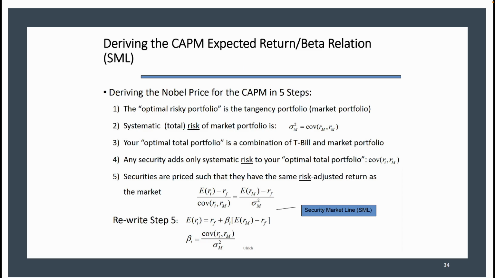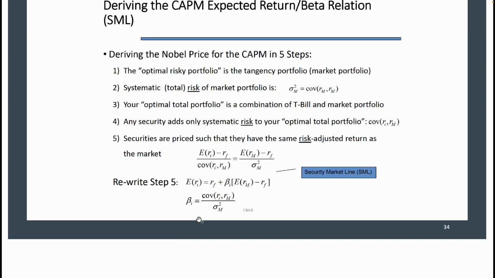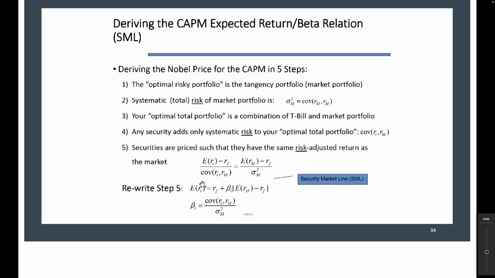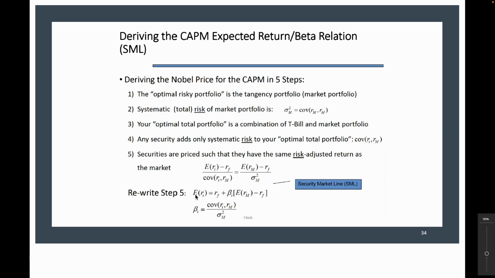At least partly. Okay, now instead of the capital allocation line, we will also have another line. It's called the security market line. And that is something we are talking about. But you see it already from here. The security market line will plot the expected return of an investment relative to its systematic risk, beta.